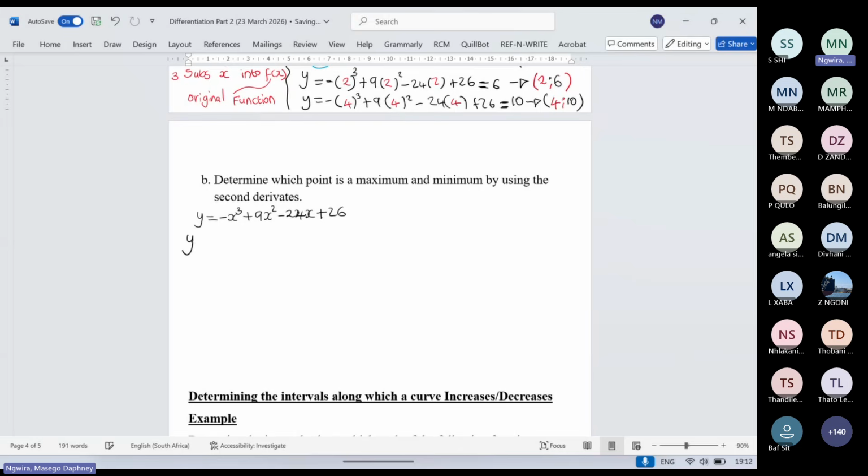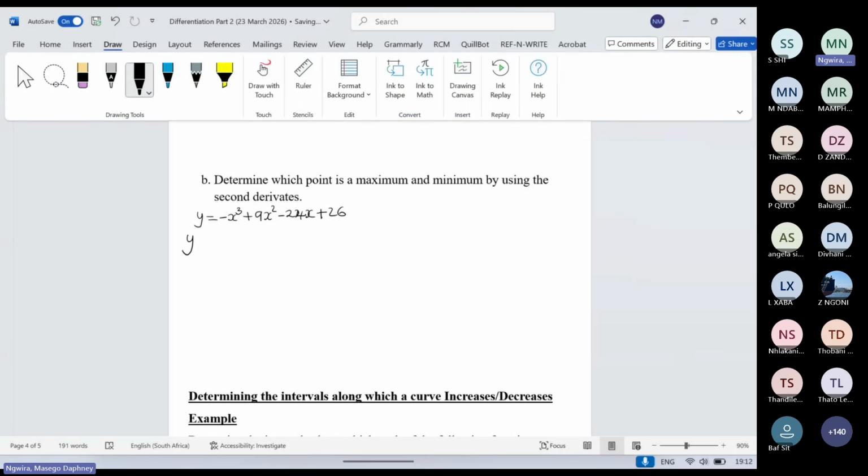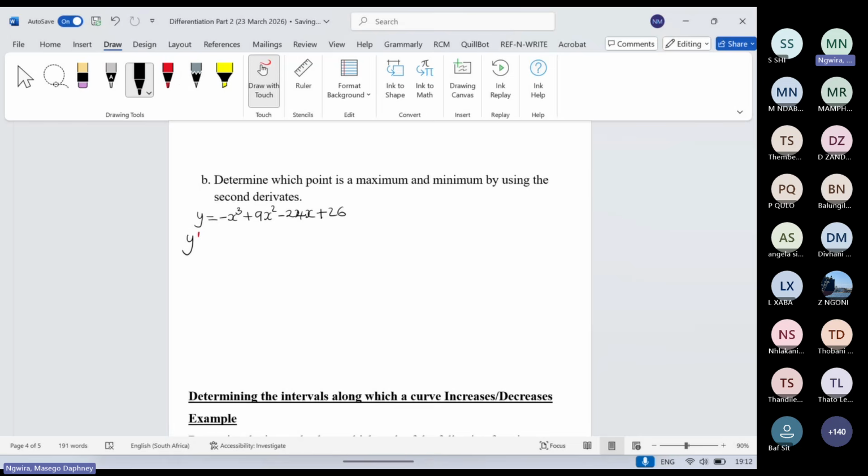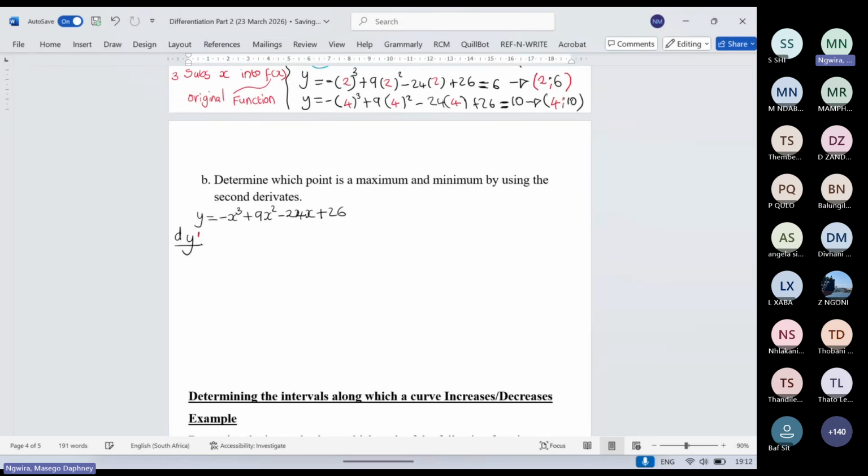My first derivative, when I did it previously, I got, let me say dy over dx for consistency, negative 3x squared plus 18x minus 24.